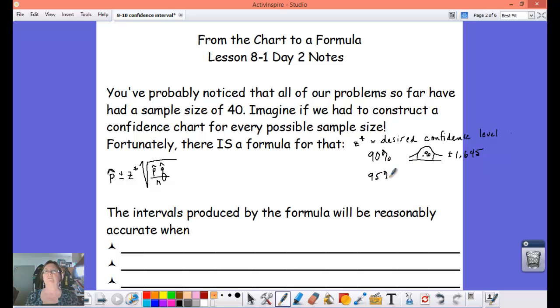95%, I hope we're familiar with and remember from yesterday, the z to get that 95% of data inside is positive and negative 1.96. And if you really want to be certain that you're catching the population proportion, you could go for a 99% level, which folks, that's gonna be far out here.